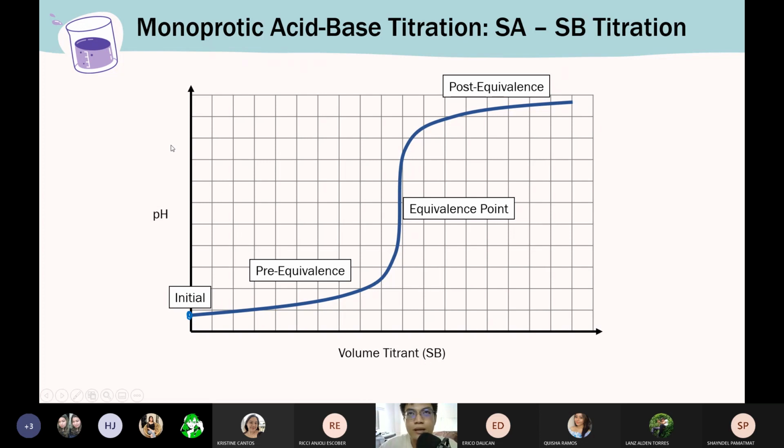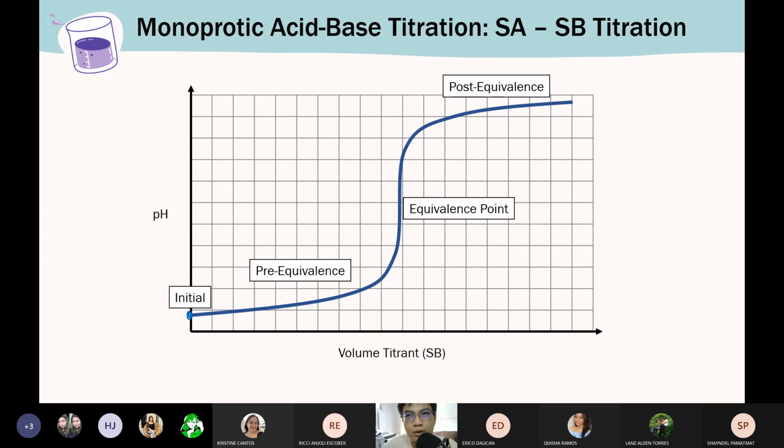The equivalence is the point where you added just the right amount of titrant. So our substances have neutralized. And then in the post-equivalence, you added an excess amount of titrant.